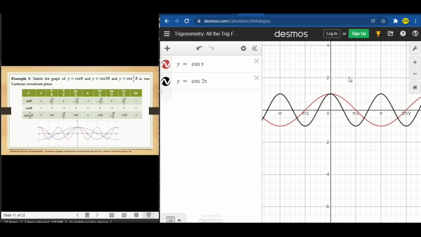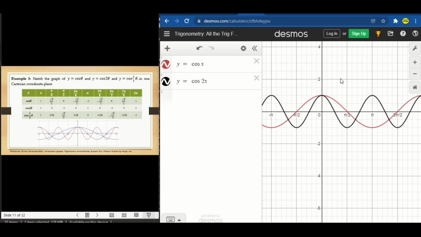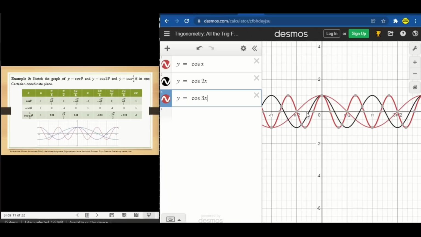Lakihan natin. And then, pag meron tayong y is equal to 3 cosine 3x, nagbabago yung graph, pero yung orientation niya pag ganun pa rin. Dito pa rin nagsisimula talaga. So, nagsishift lang yung graph natin horizontally.